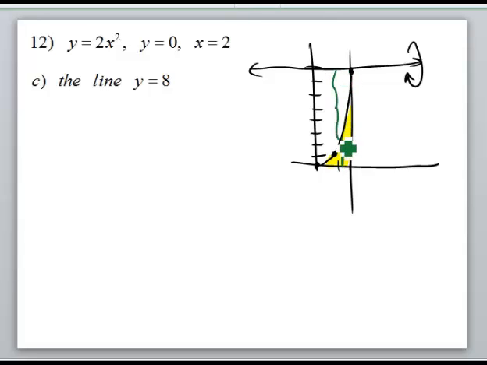So the little r, the hole that's created, is created by the function 2x squared. And then the big R is the difference here between 8 and 0.